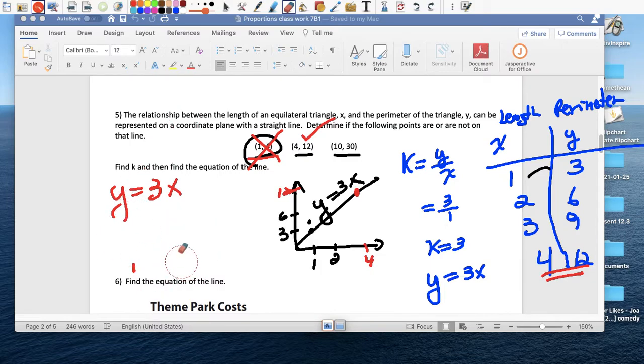I'll replace y with 30 and x with 10, and you see that 30 equals 30. Therefore, the point (10, 30) would also be on the line. Let me stretch that line out.